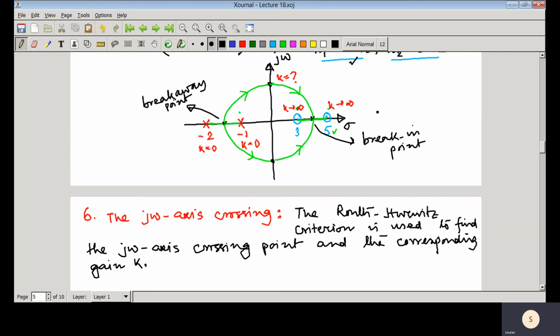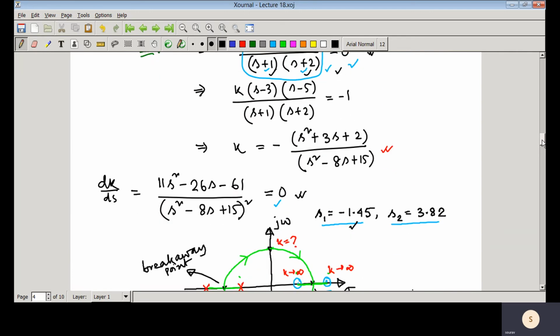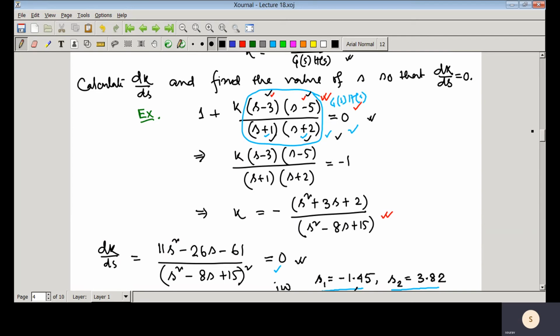So let us see this for this particular example. This is the open loop transfer function, and this is the characteristic equation.